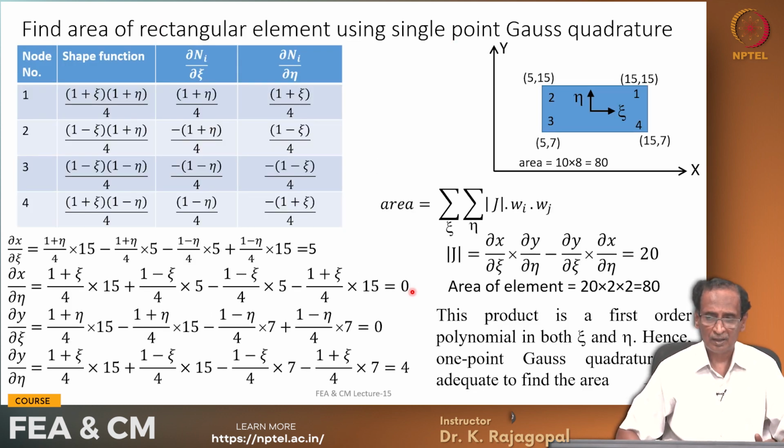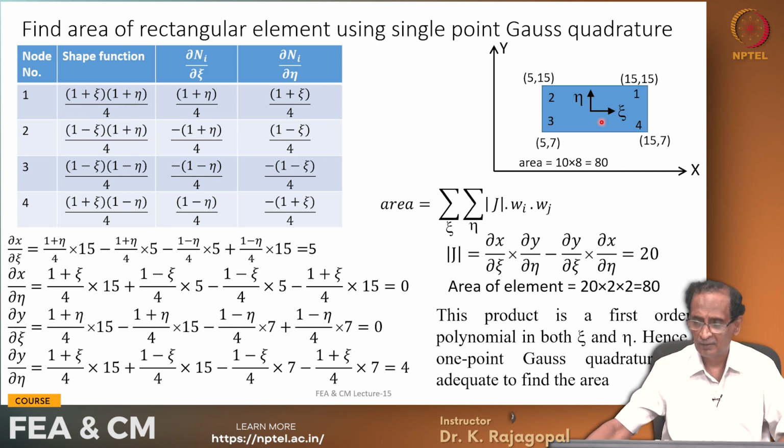Okay. Let us say that we are given a 4 node quadrilateral or a rectangle with these coordinates, and we are interested in finding the area of this element.